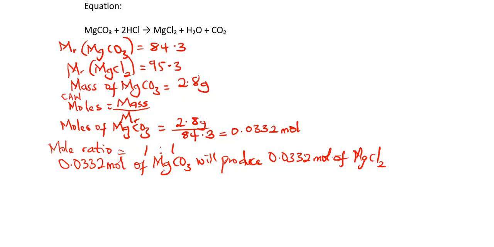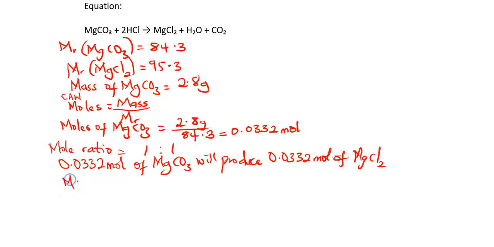We've succeeded in applying our A, and then we move on to working to mass, which is exactly what we have been asked to do. We will be applying this same formula, moles equals mass over relative formula mass, except that in this case, we are looking for the mass of magnesium chloride.